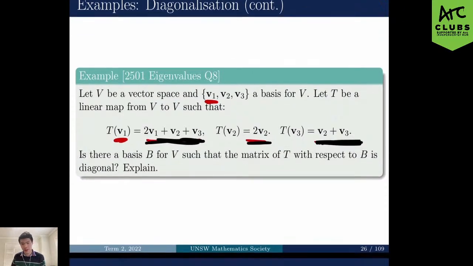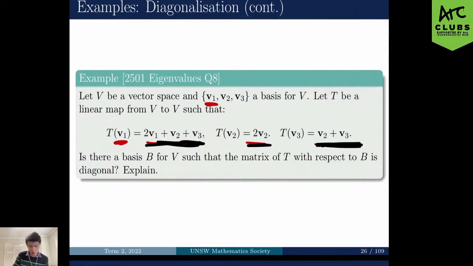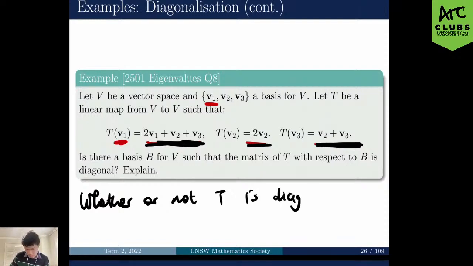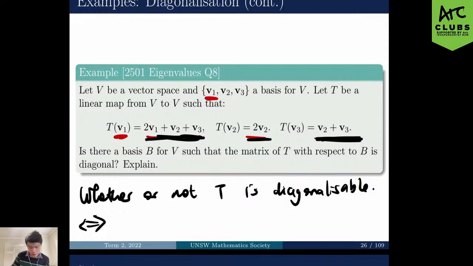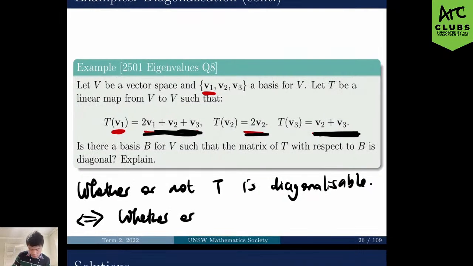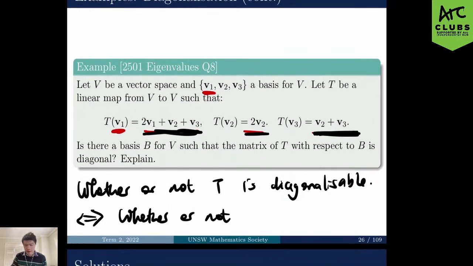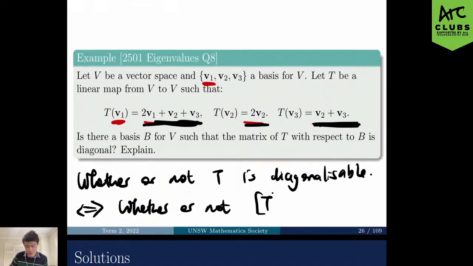But that's okay, because whether or not any given transformation T is diagonalizable is equivalent to whether or not its matrix with respect to a basis is diagonalizable.